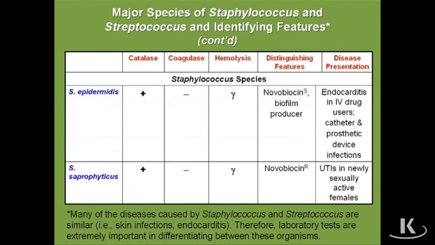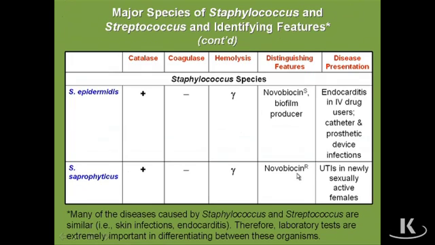Now, because epi and saprophyticus are both gamma hemolytic, one of the ways that the USMLE might ask you to differentiate between them is going to be based on antibiotic sensitivity, where Epidermidis is sensitive to the antibiotic novobiocin, and saprophyticus is resistant to novobiocin.